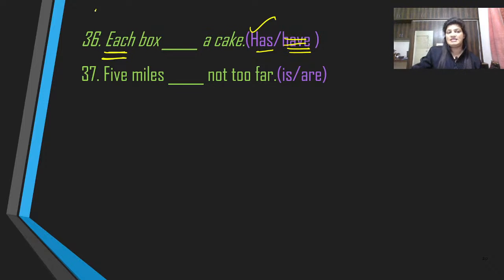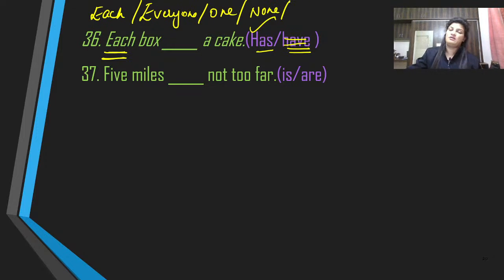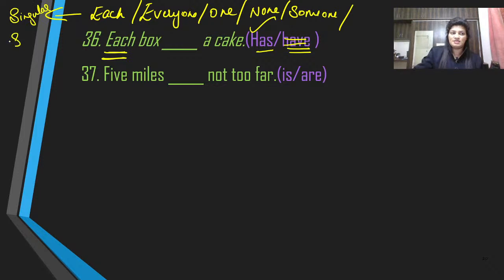Words like each, everyone, one, none, someone, somebody, nobody, anybody, all these are actually singular subjects. If you have a sentence beginning with these words, in that scenario, you always go with a singular verb.